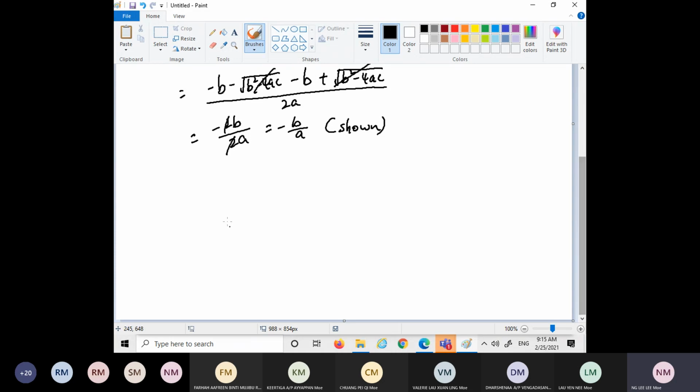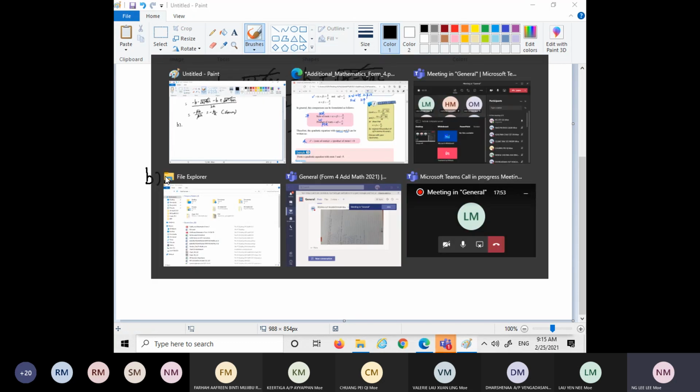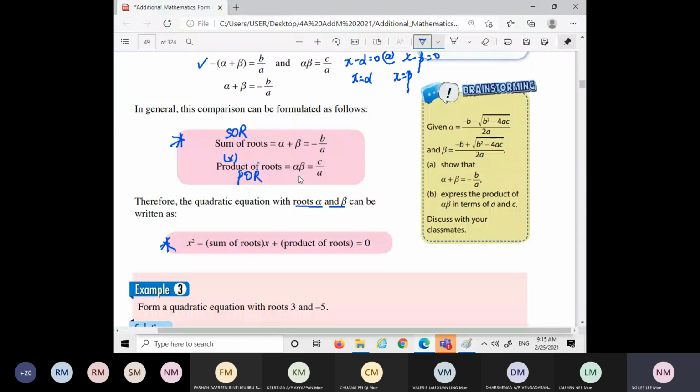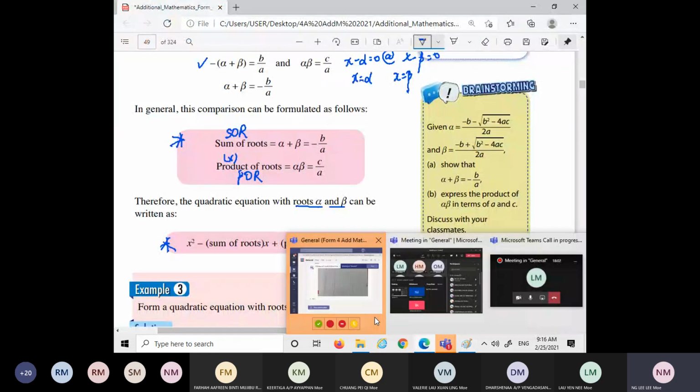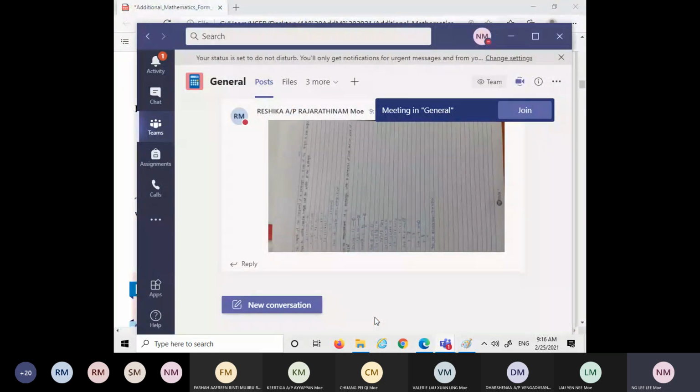Next, part B. Express the product of alpha times beta in terms of a and c. Actually you know the answer already: alpha times beta should be c over a. Any questions?